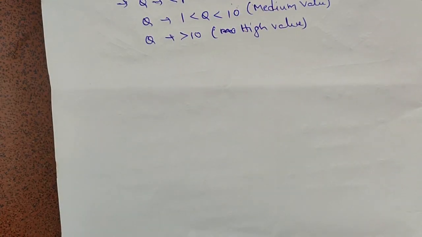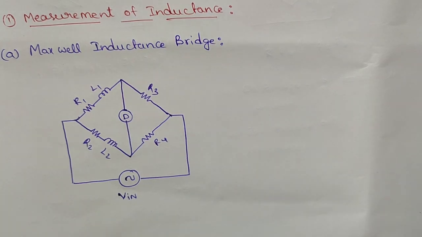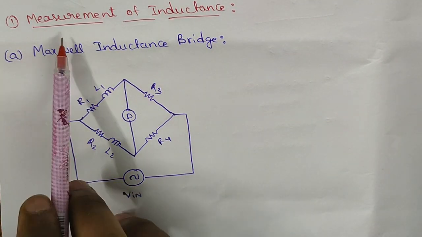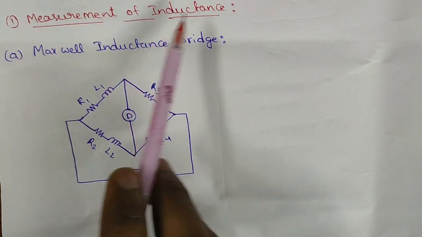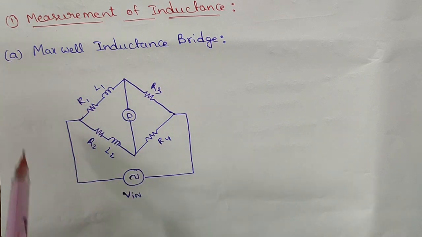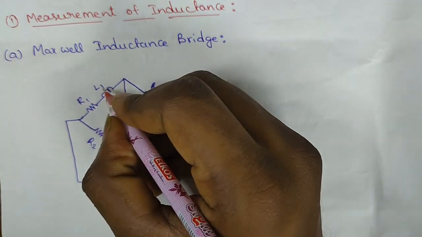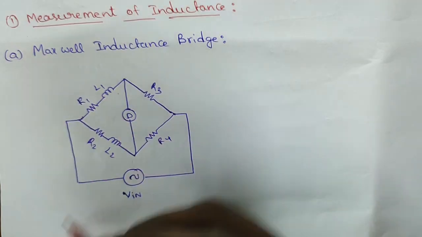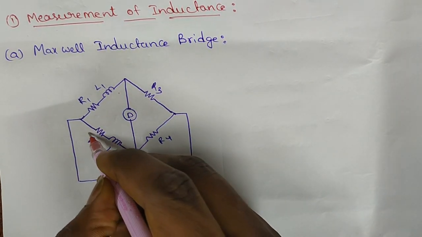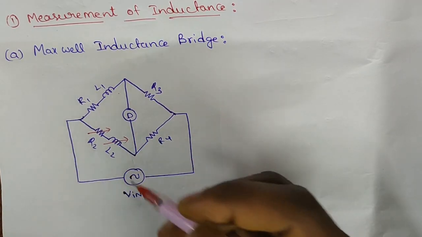Now the first bridge circuit, in the measurement of inductance, is the first circuit which measures the inductance value. L1 R1 is the inductance which is to be measured by varying R2 and L2.